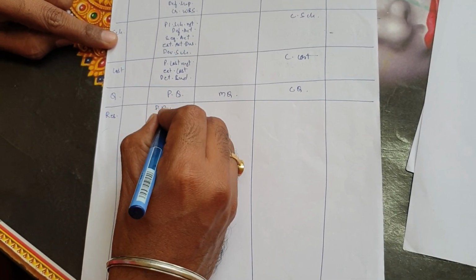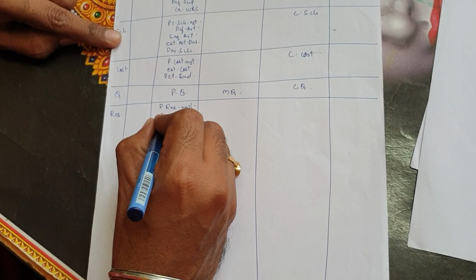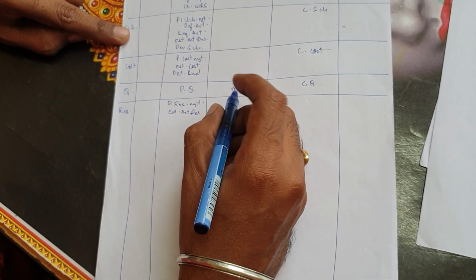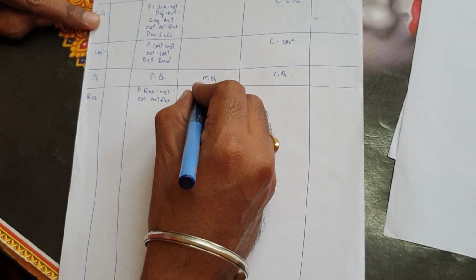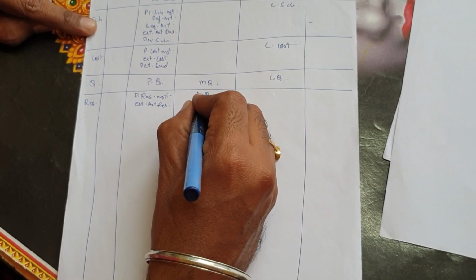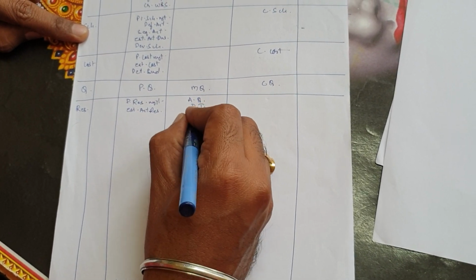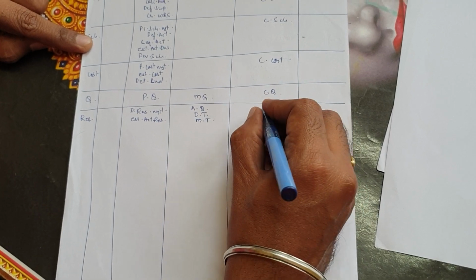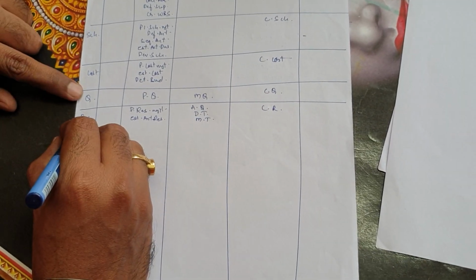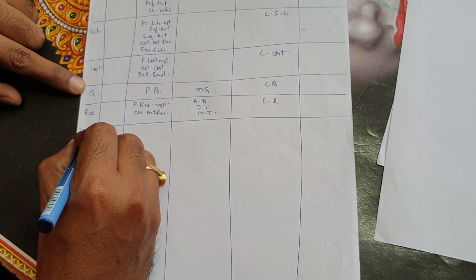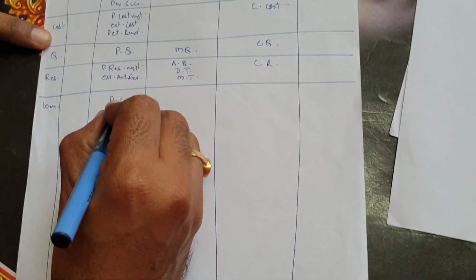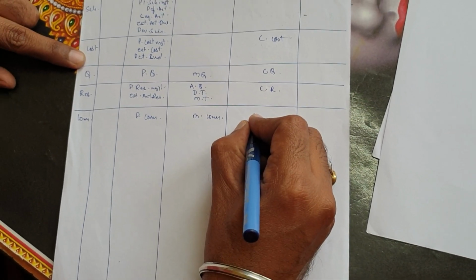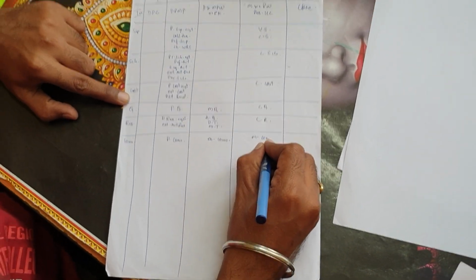So plan resource management, estimate activity resources, then you acquire resources, then you develop team, and then you manage team, and then you control resources. After this, you move to your communication. Only three things: plan communications, manage communications, and then monitor communications.